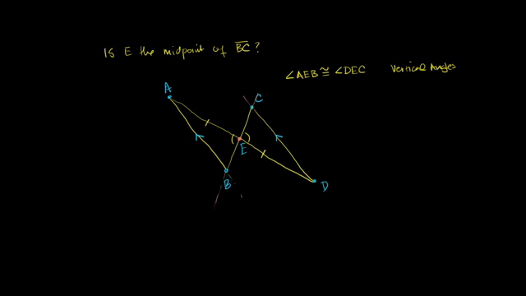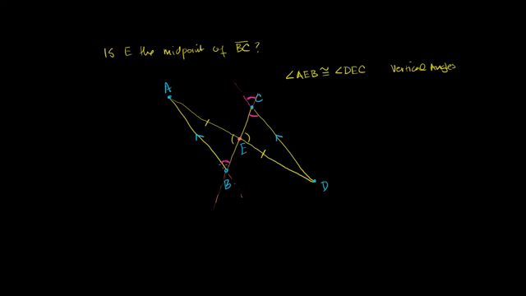You could say that this angle right here, angle ABE, so this is its measure right over here, is the alternate interior angle to angle ECD, to this angle right over there. And if that didn't jump out at you, you would say that the corresponding angle to this one right over here is this angle right up here. If you were to continue this line off a little bit, these are the corresponding angles, and then this one is vertical.